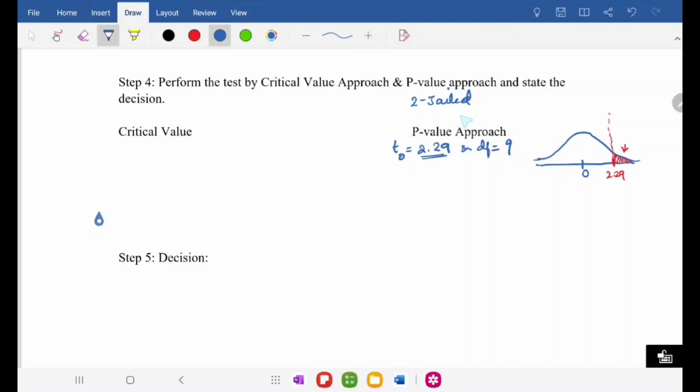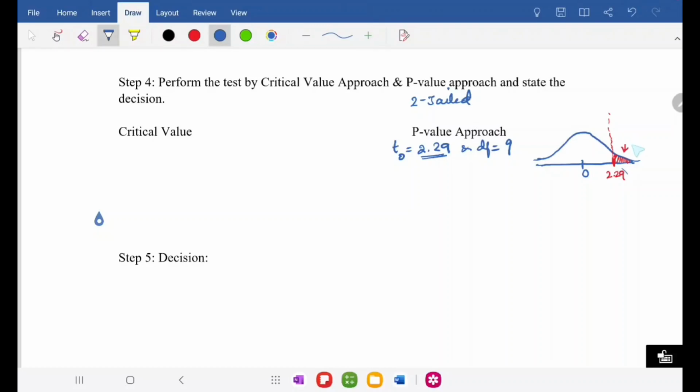If it's a two-tailed test, find the area on the side where the test statistic lies. In this case, because 2.29 is on the right-hand side, find the area to the right of that value, and then you have to multiply it by 2.